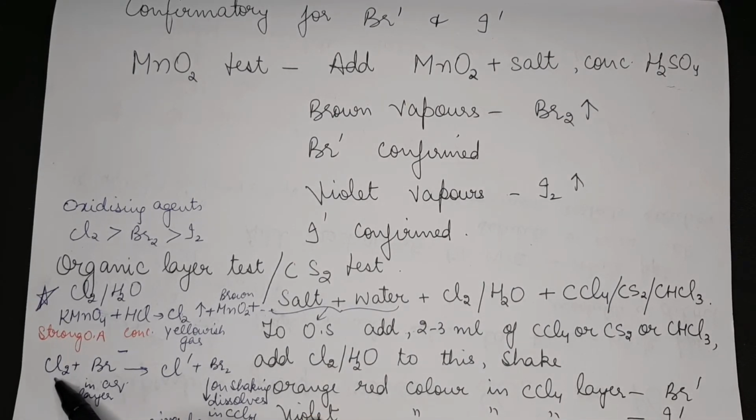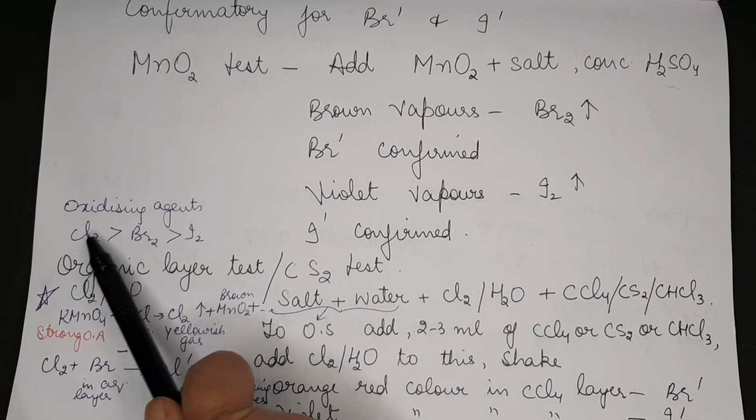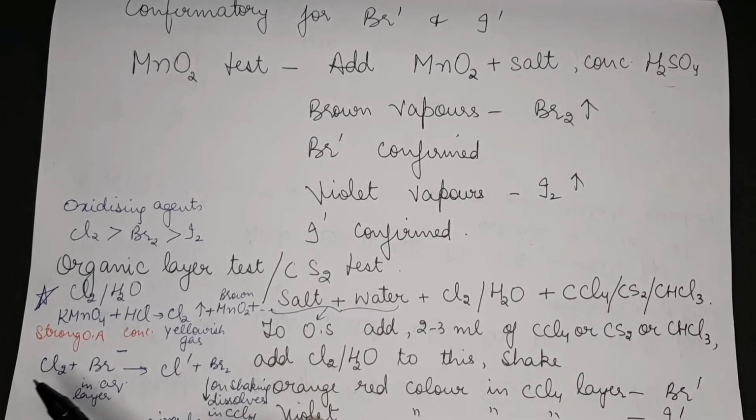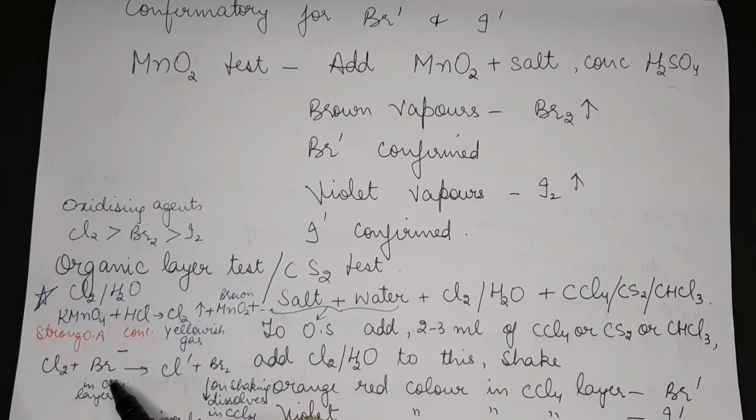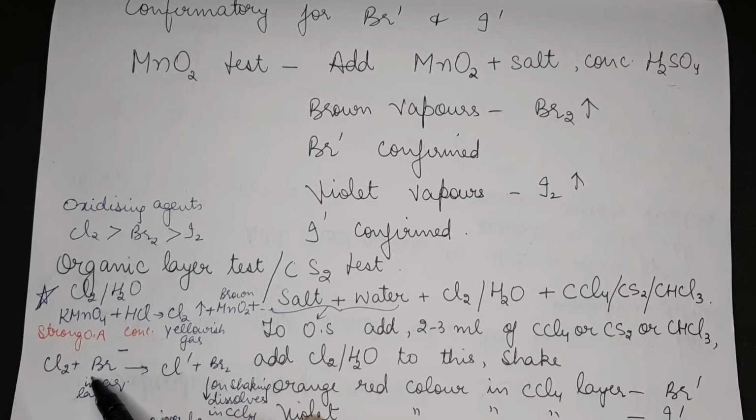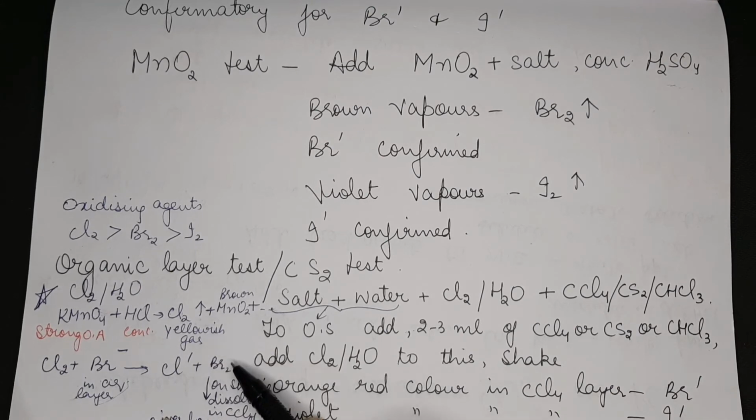Chlorine, which is a better oxidizing agent than bromine as well as iodine, is going to oxidize the bromide of the salt present in the aqueous layer to bromine. This bromine, on shaking the tube, is going to dissolve in carbon tetrachloride, giving a brown color to the organic layer, indicating presence of bromide ion.